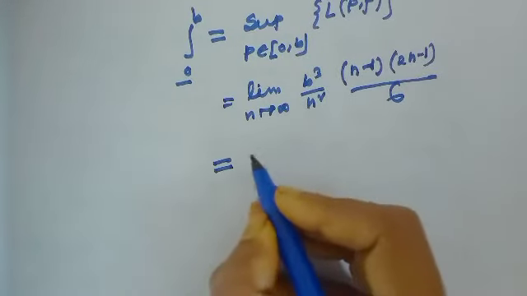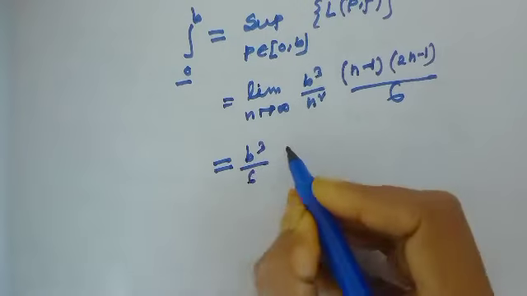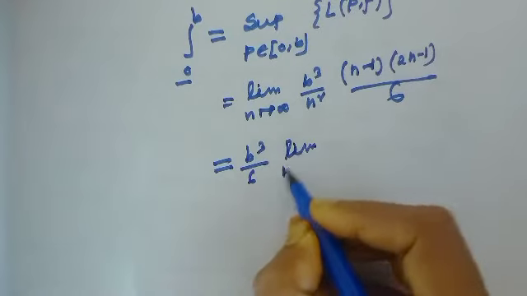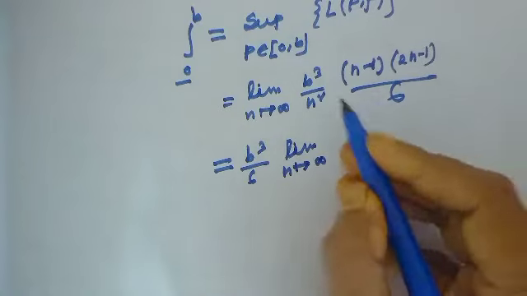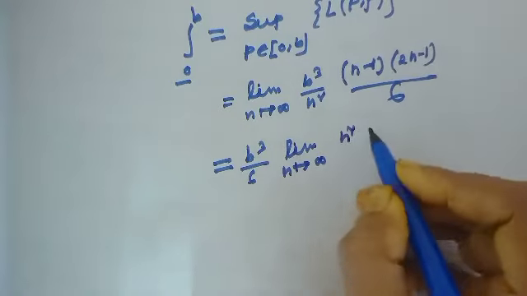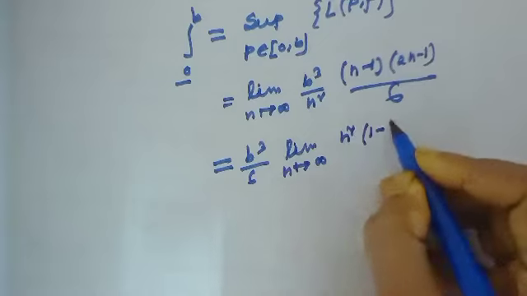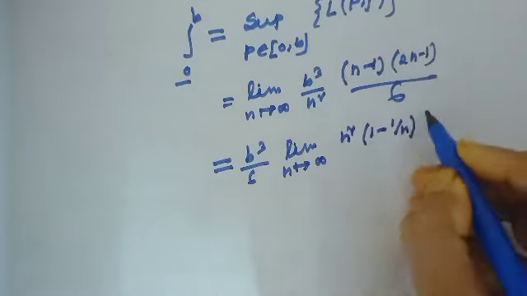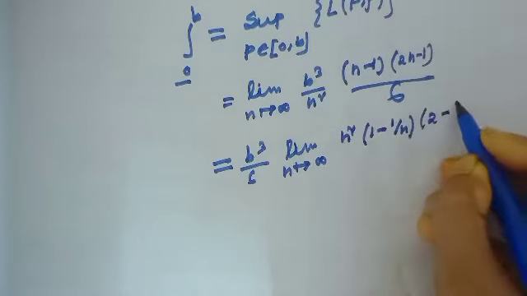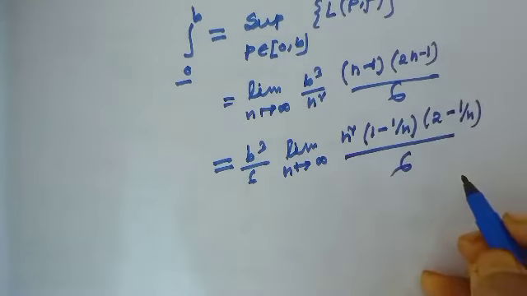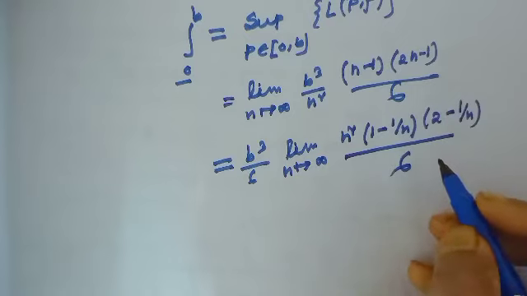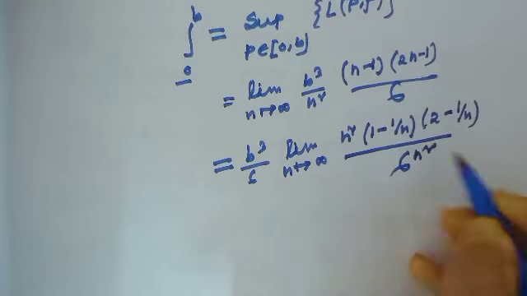At first remove this part, b cube over 6, then this would be the limit as n tends to infinity of n square times (1 minus 1 over n) times (2 minus 1 over n) over n square.